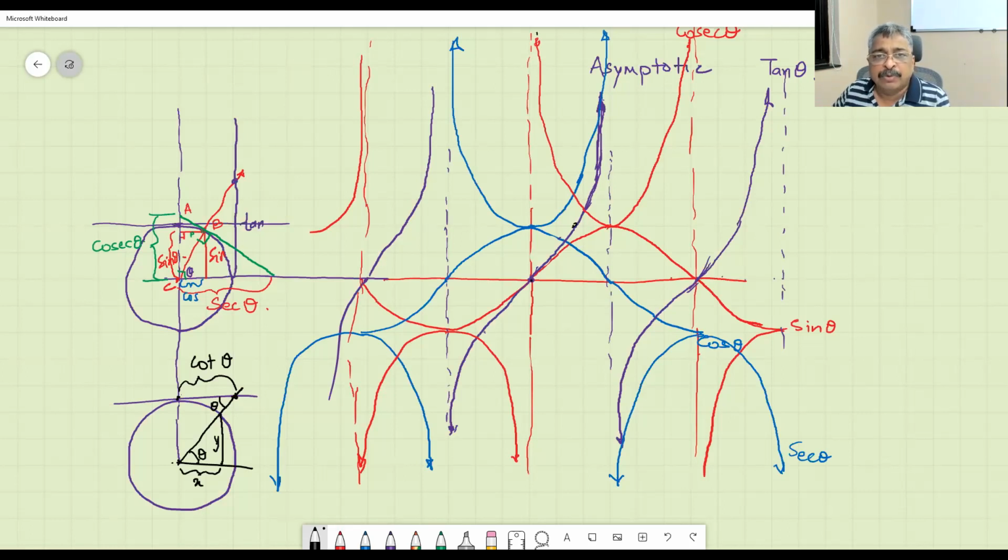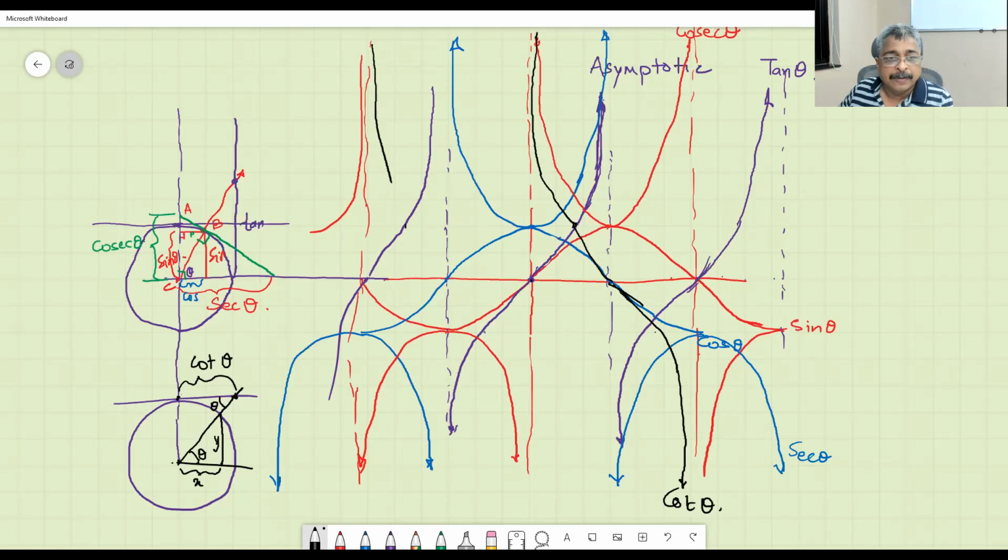At 45, both of them will intersect, and it will pass through this point. This is a rough sketch, something like this. This is your cot theta, first cycle. Second cycle will be like this side.